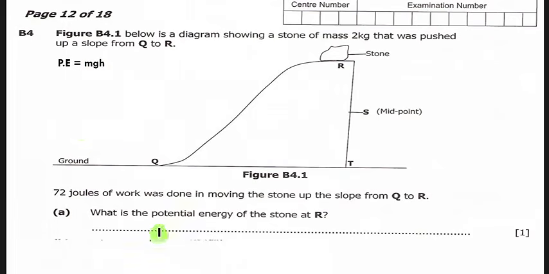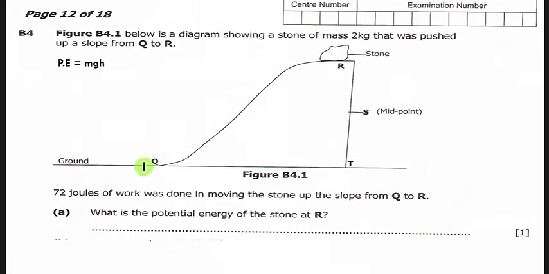Yes. So remember, work is the transformation of energy. That is work. When you are doing work, you are transforming energy from one form to another. So if they used 72 joules of work in pushing this stone from here to here, they were transforming energy.